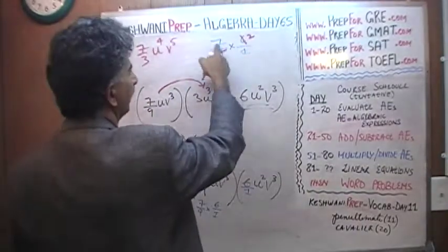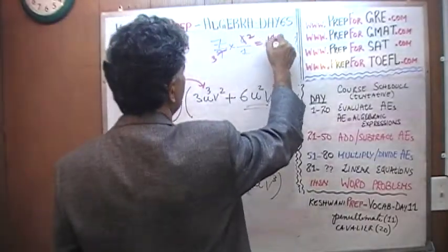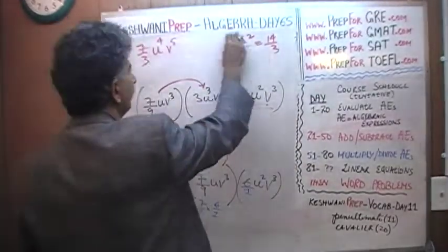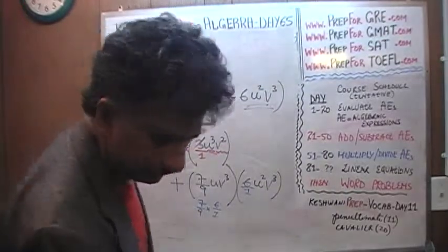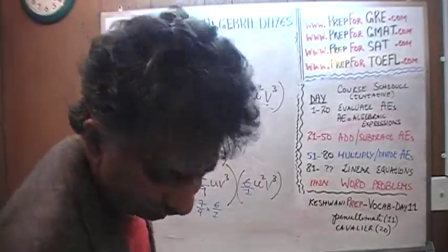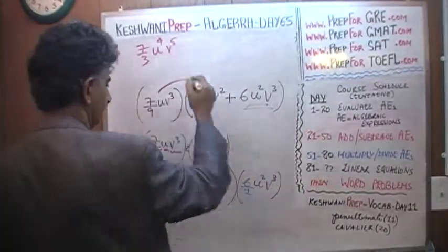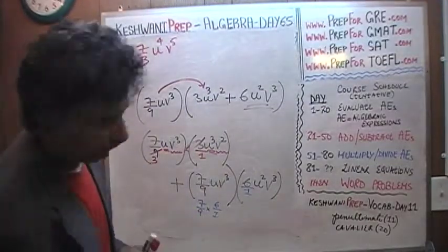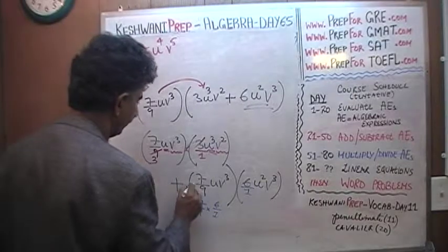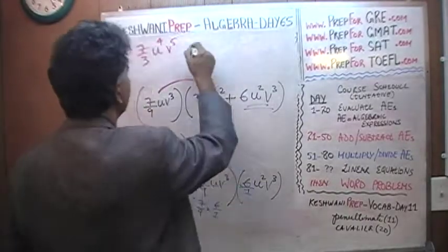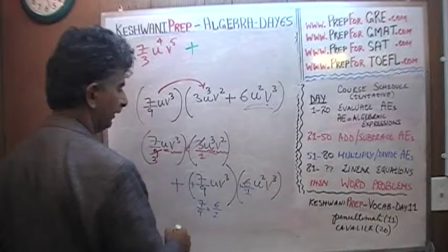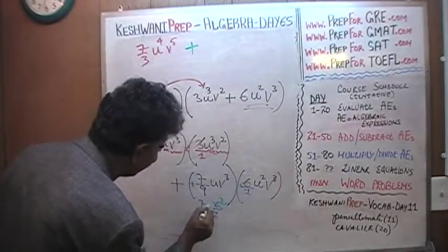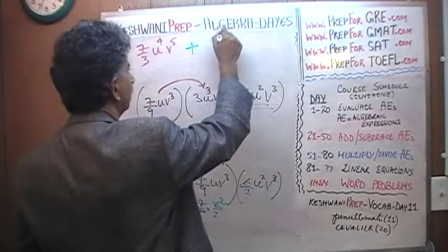What we're going to end up with is 7 times 2, which is 14 over 3. Is it positive? Everything is positive in this problem, oh, that makes our life easy. This is positive, this is positive, this is positive, this is positive. So 14 over 3. Yep, 14 over 3.